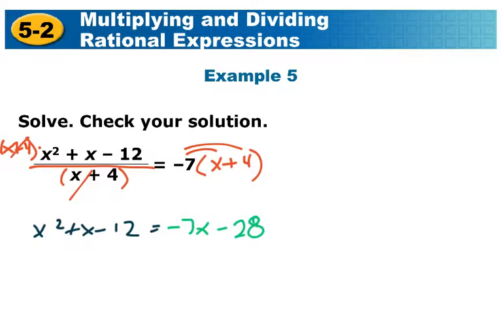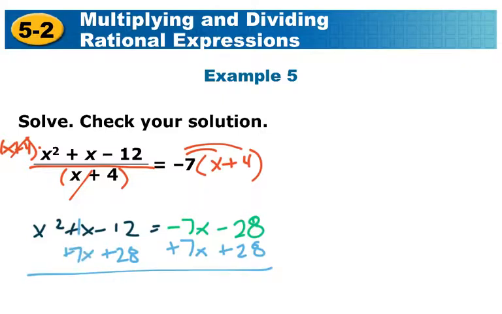Just like the previous problem, we need it to equal 0, so we'll move our pieces over. So we'll end up with x squared, there's a 1 and a 7 to make 8x, and a negative 12 and a 28 to make 16.